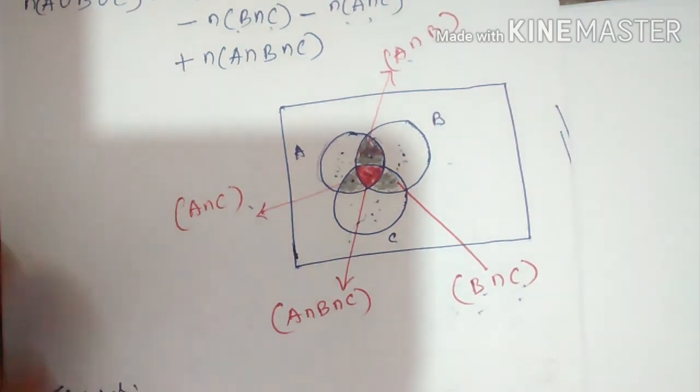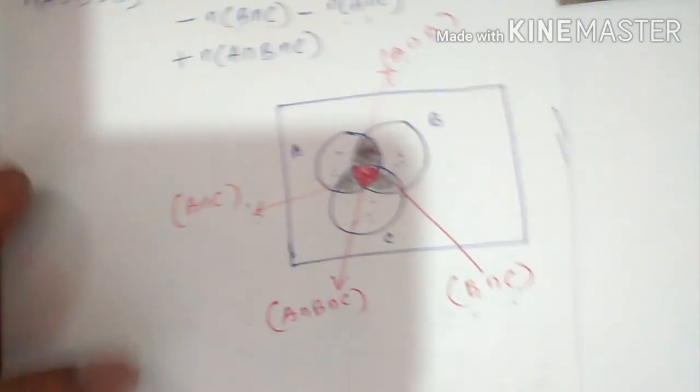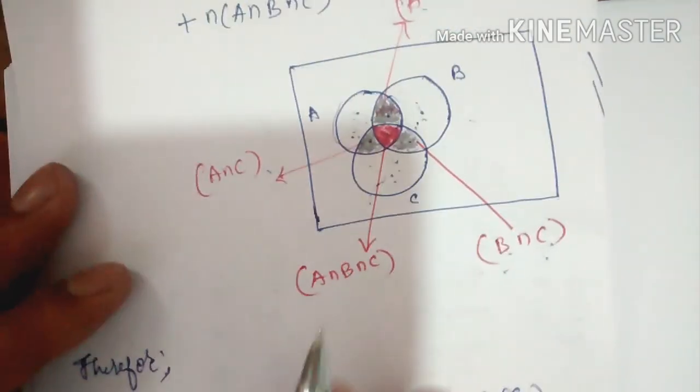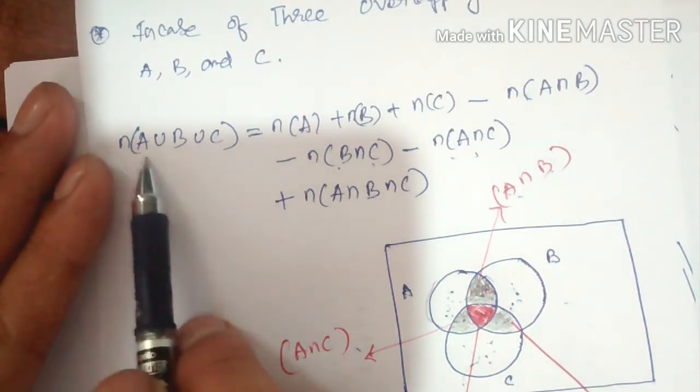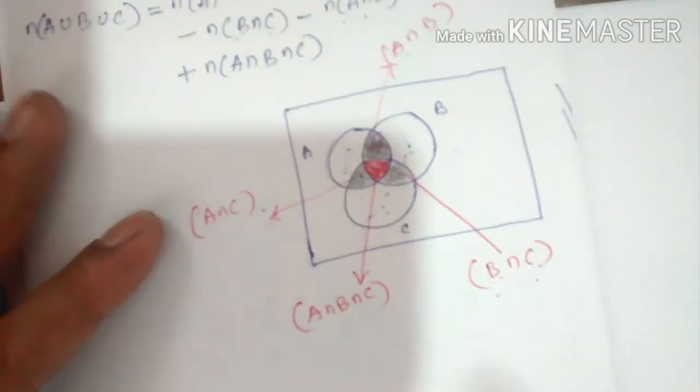All right. So coming again in conclusion. What is the formula of number of A union B union C? What does it mean? It means this whole portion.